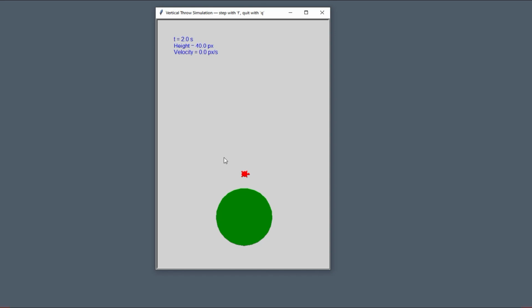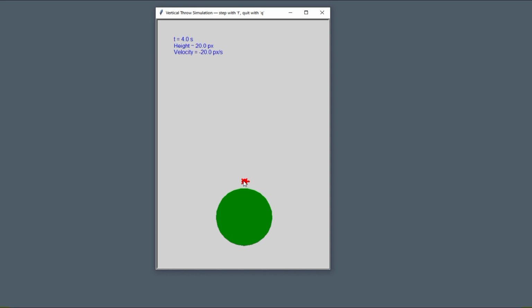Obviously, if the velocity is 0, it has to stop over there, right? Because there is a gravitational pull, it will start falling back. So it got decelerated, and now it is accelerating towards the gravity. You can see that now the velocity is minus 20 and the height is the same. This is the height at which it was thrown.